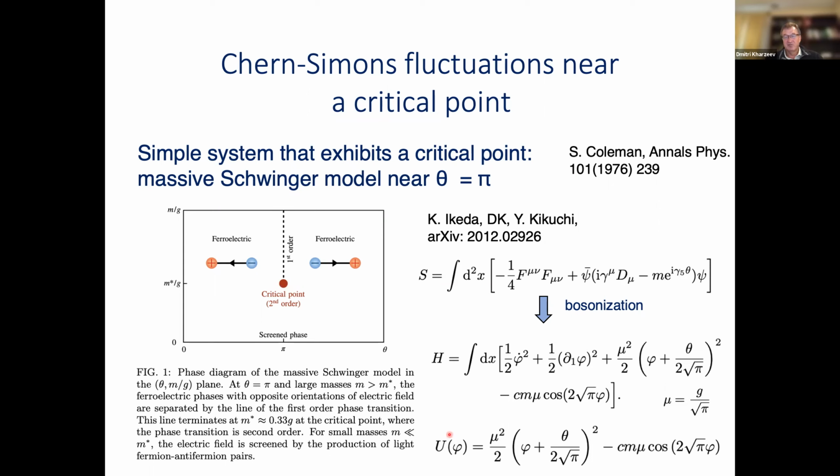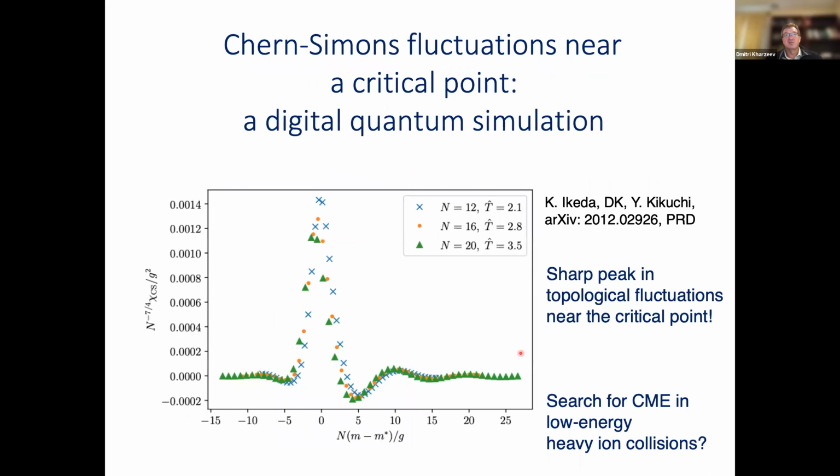So this is the effective potential of the model, and we computed, using digital quantum simulations, the rate of Chern-Simons diffusion, and found that right in the vicinity of this critical point, there is a sharp peak in Chern-Simons fluctuations. So if low energy heavy ion collisions indeed bring us to the vicinity of this critical point, and this is the idea of the energy scan, then there will be a sharp peak in topological fluctuations, which would be reflected in CME observables as well.